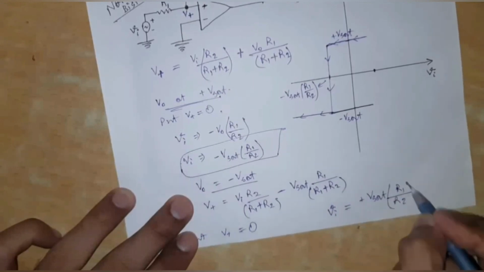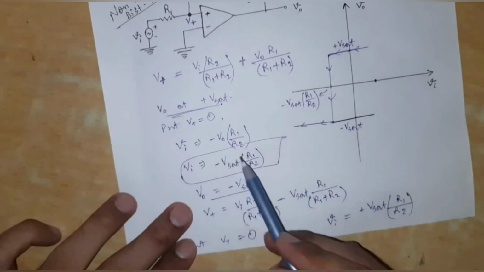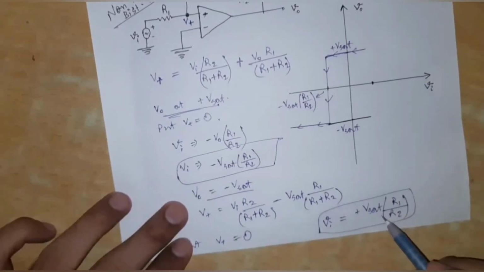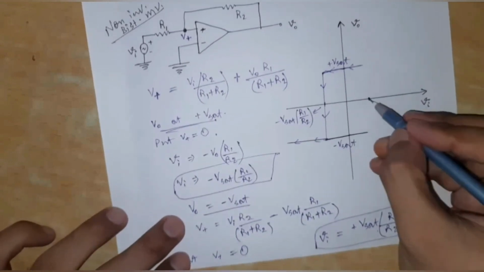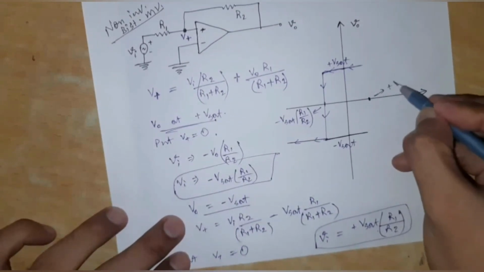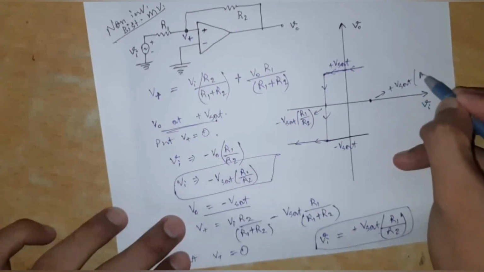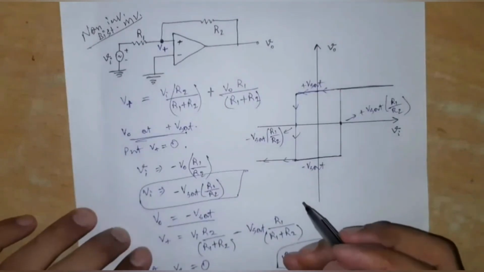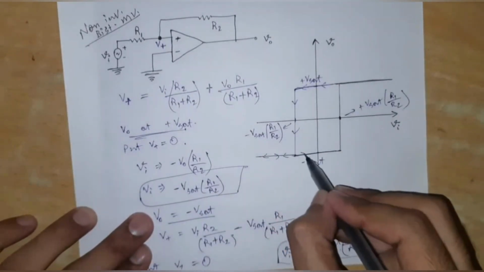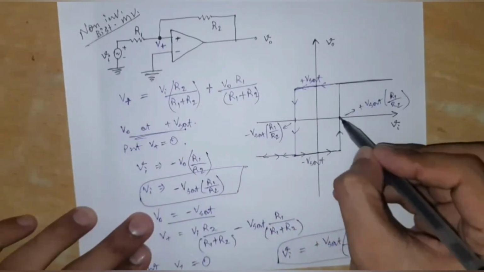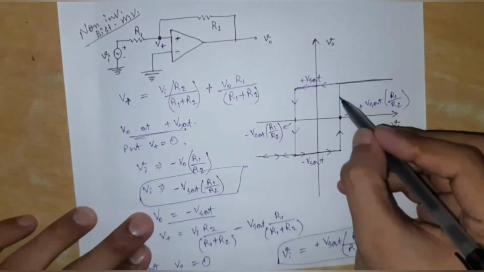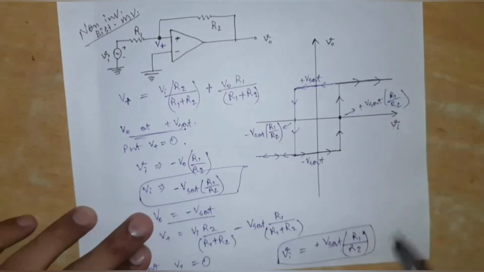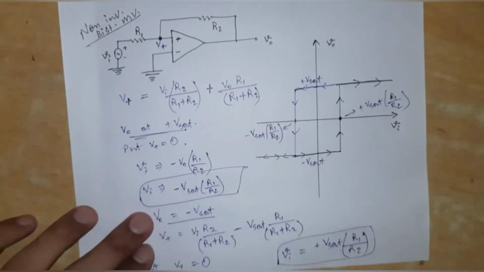You have to proceed in the same fashion as we have done here. So you solve it by yourself and it will be very easy. So it is somewhere here, plus Vsat R1 by R2. So what is the flow here? We have increased Vi, and then at the point plus Vsat R1 by R2, the output will transition from minus Vsat to plus Vsat. So this is how we move.